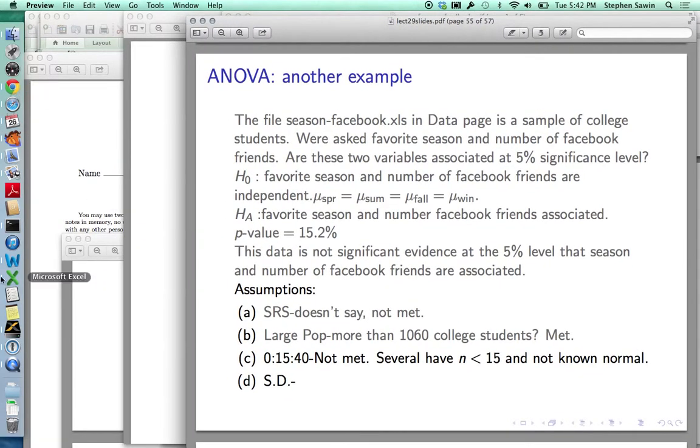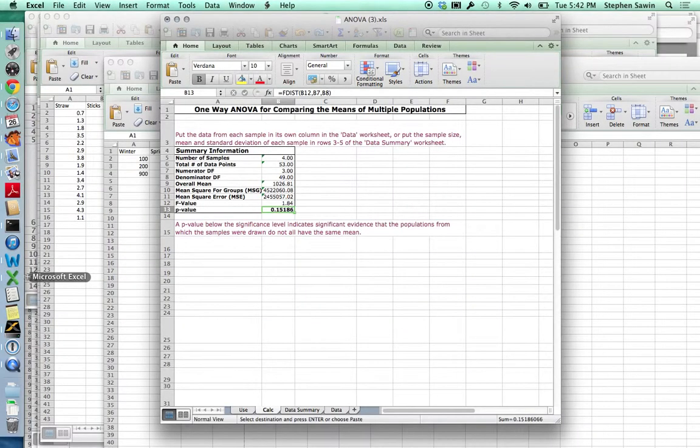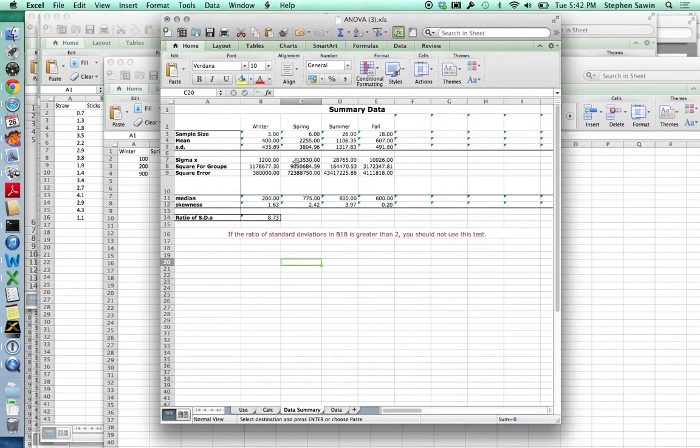Let's look. Right. 2 of our samples had fewer than 15. The one that had 26 has a skewness that is way too high. Fall is the only one that looks good, but if one of the samples fails the 0, 15, 40 rule, the whole thing does.